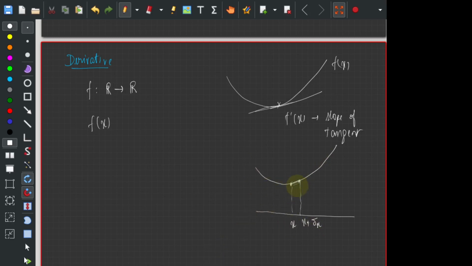What is the slope of the straight line joining these 2 points? It's f of x plus delta x minus f of x by delta x, and you take the limit as delta x tends to 0. This gives the slope if this particular limit exists.